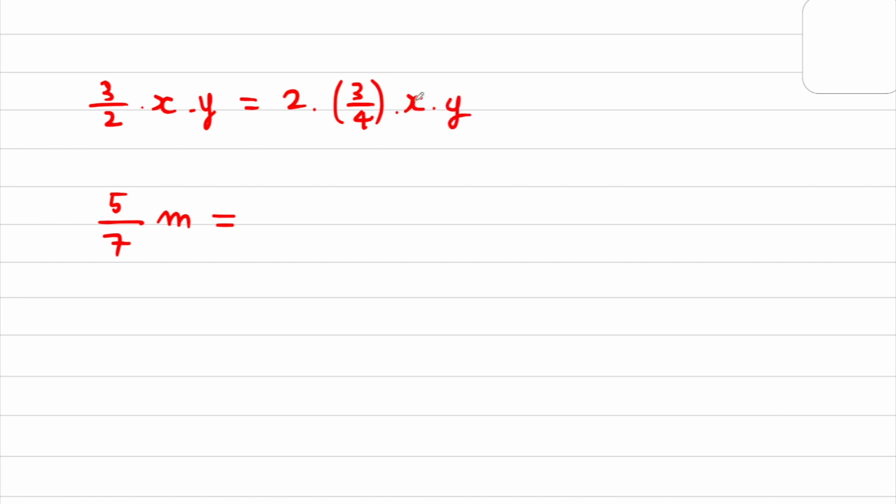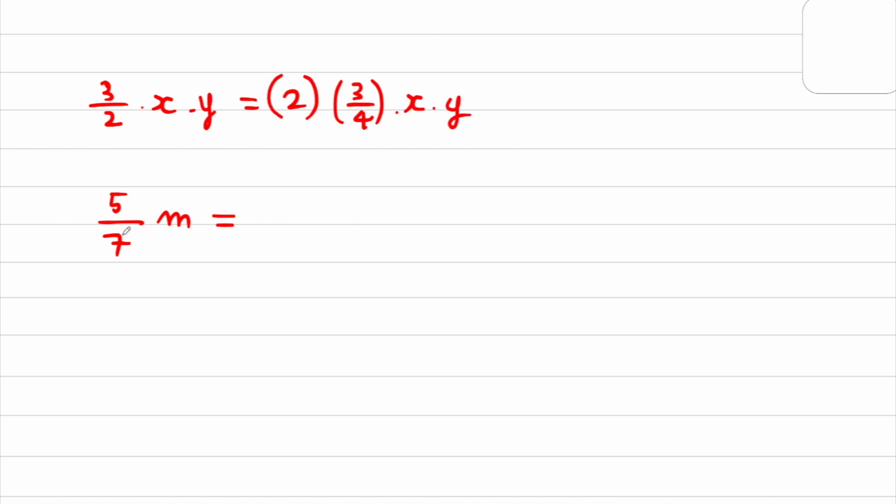And about the expression, you got 3 over 2 times x and y, or you got 5 over 7 m here. This will become 3 over 4 multiplied with x and y. I'm just focused on the factor of 2.